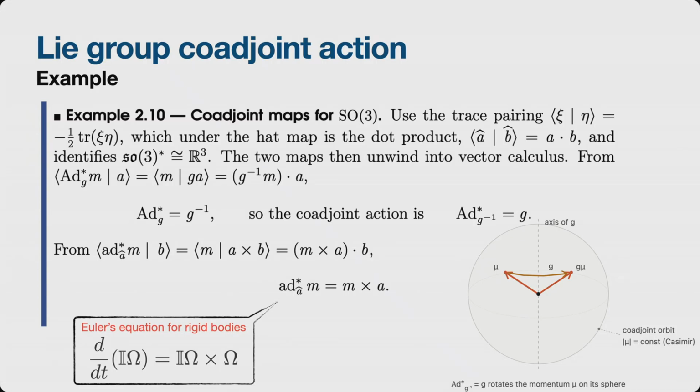That just means that the pairing of A hat and B hat is just a dot product of A and B, the identified vectors of the primal and the dual space. So this gives us a way of defining Ad star. And that means that Ad star of g, following through some operations, is just g inverse. But what we actually want is the Ad star of g inverse, which is just g. So, okay, this is a whole bunch of magic tricks of moving things around.